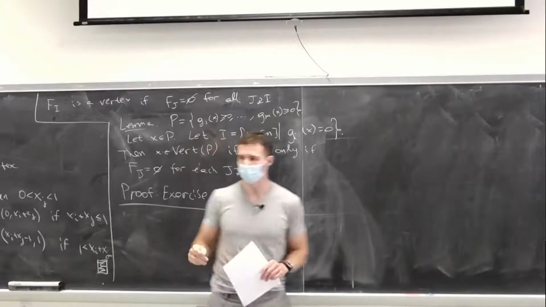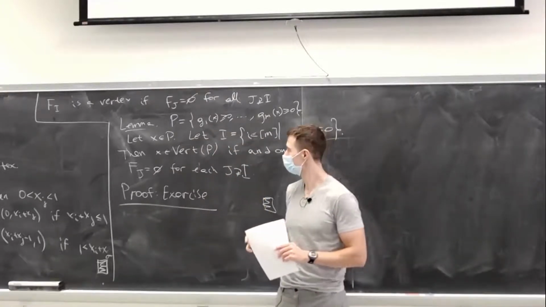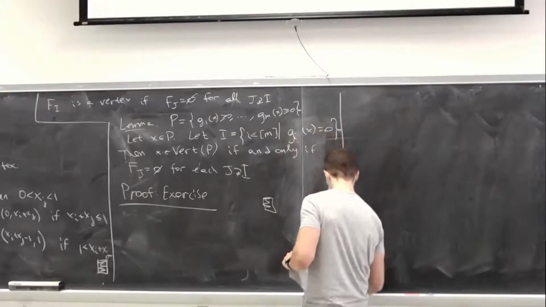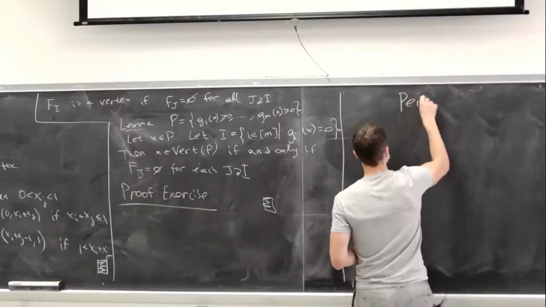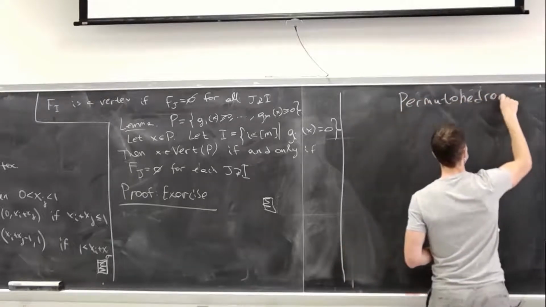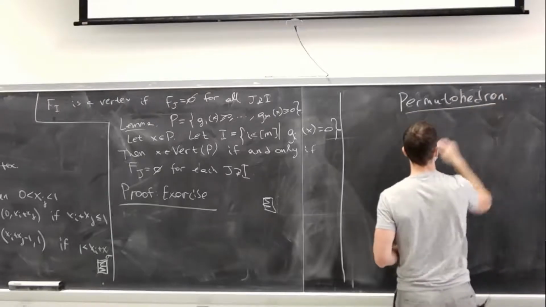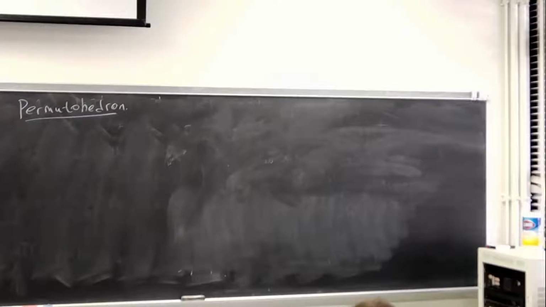All right, any more questions on this? Okay, Permutohedron. So I defined the Permutohedron last time. Recall that Sn is the group of permutations.